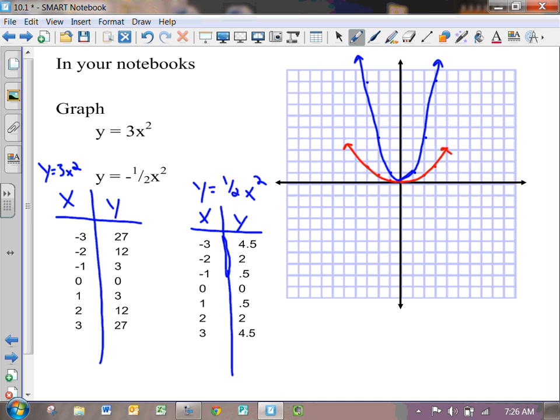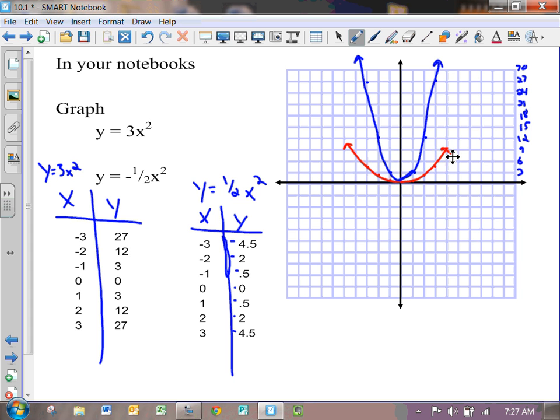So this is 3, 6, 9, 12, 15, 18, 21, 24, 27, 30. All right, look at my threes on the y-axis. So you can see this, and I forgot the negatives. So I'm going to redo that in a second.